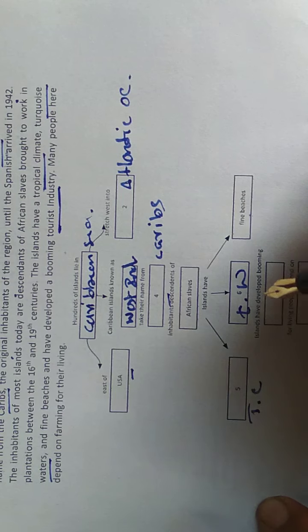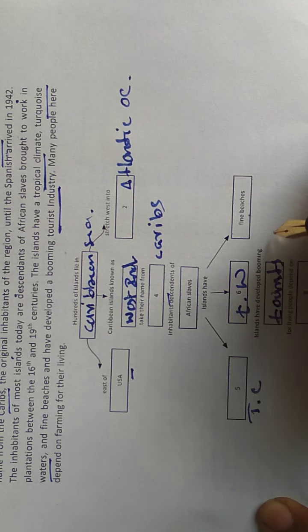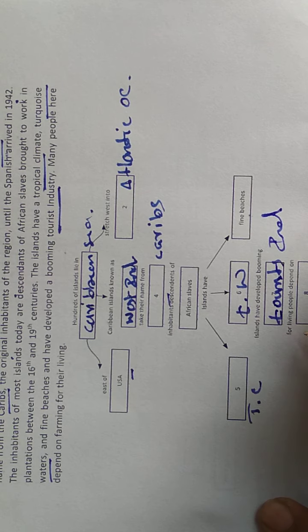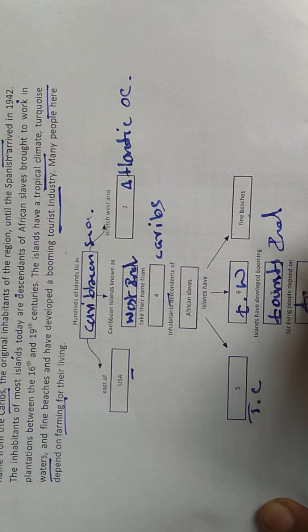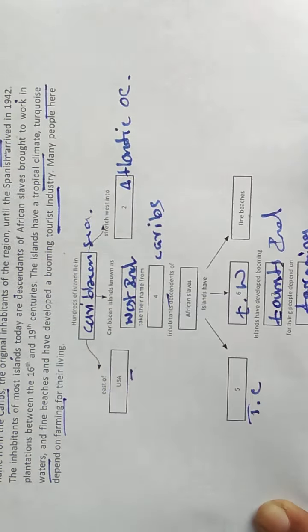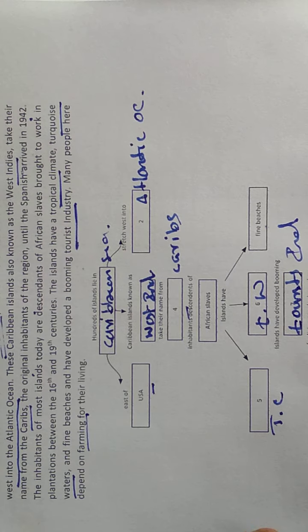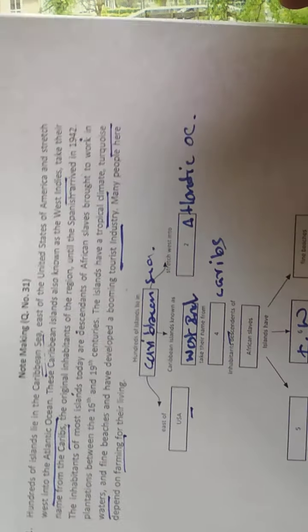Tourist industry. For living, people depend on farming. So if you complete this, you are going to get 4 marks. So this is how we are going to solve the exercise on note making, which is in question number 31.